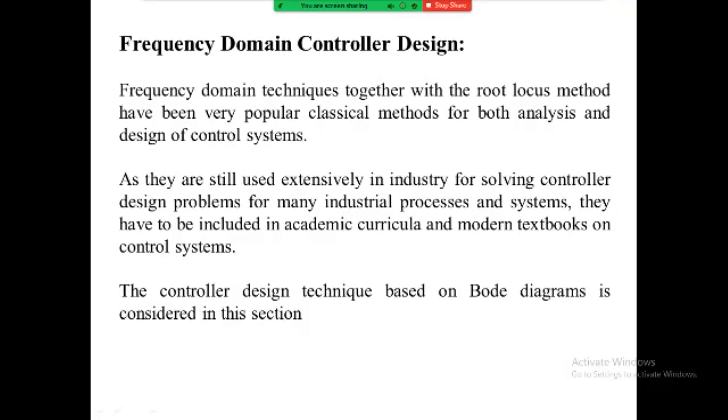This Bode diagram basically represents the magnitude and phase plot of the open loop transfer function with respect to the angular frequency omega. They can be obtained either analytically or experimentally.